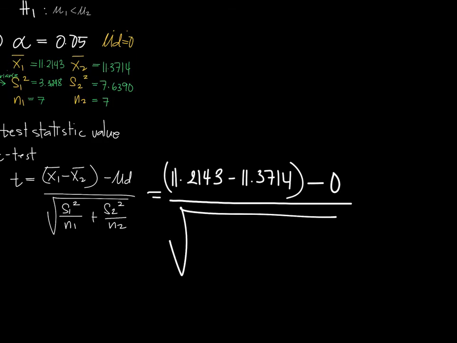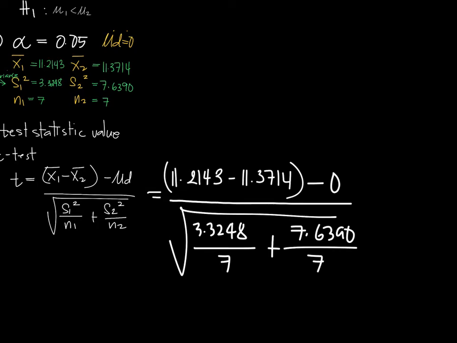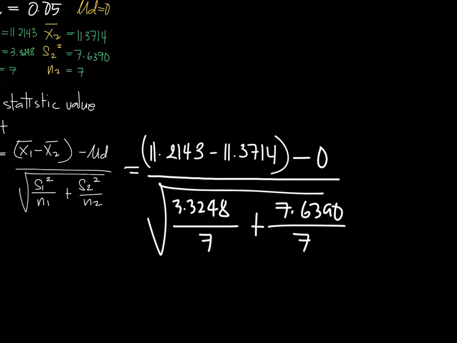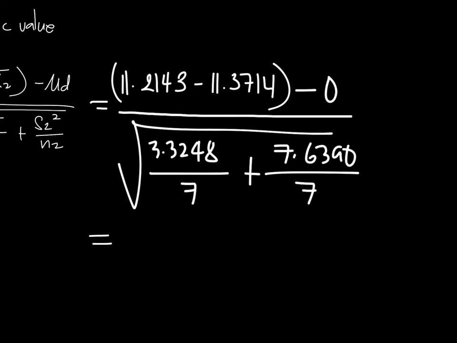And then s1 squared is 3.3248. Note, this is already the variance and not the standard deviation. Over n1, 7, plus 7.6390 divided by 7 as well. Then let the calculator work for you and calculate the value.